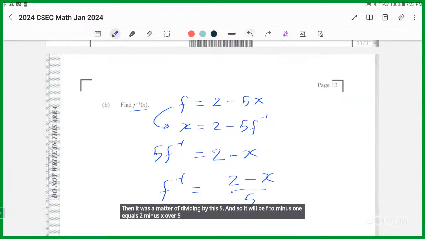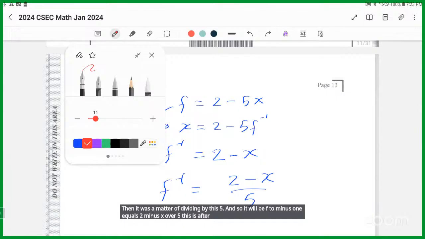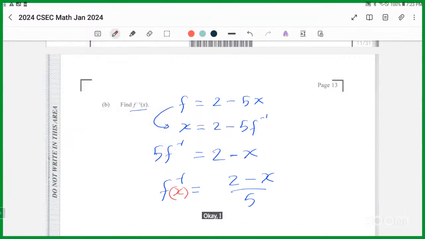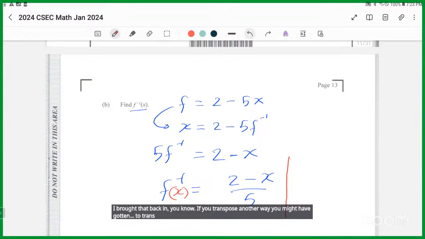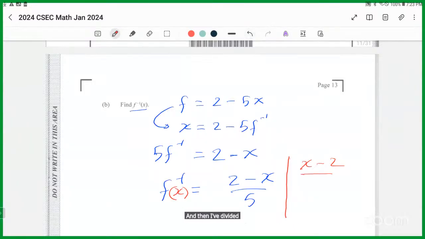This is f to the minus 1 of x. Okay, I'll put that back in now. That's the answer. Right? If you transposed another way, you would have transposed the 2 first, you'd have gotten x minus 2, and you'd have divided negative 5 over negative 5. So if you get this as the answer, that is correct.